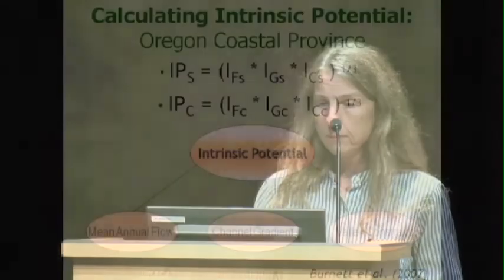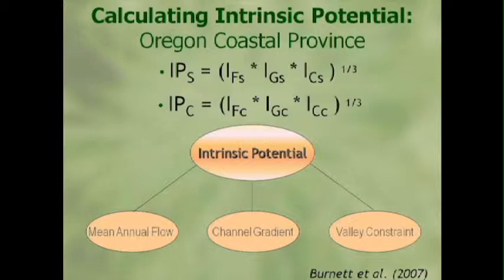For coho salmon, in contrast, the maximum index value of gradient is assigned to the minimum values of gradient, and then no use is assumed at channel gradients in excess of 7%.